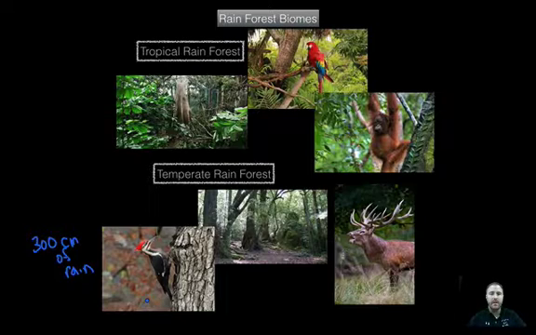In fact, it gets rather cool in Washington and Oregon during the winter months, but the rainfall is what makes them rainforests. Some of the types of trees out there are cedars, redwoods, and the Douglas fir, and they have what we would consider moderate temperatures. So it's not super cold, but it's also not super warm either. Okay, so that's the rainforest biomes.